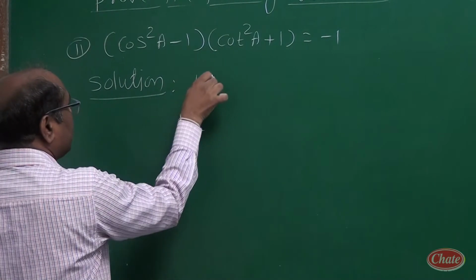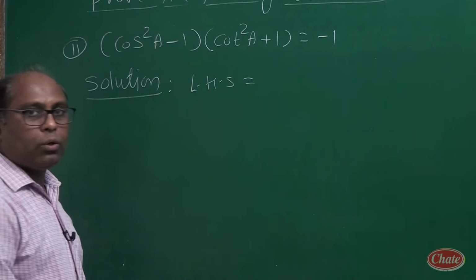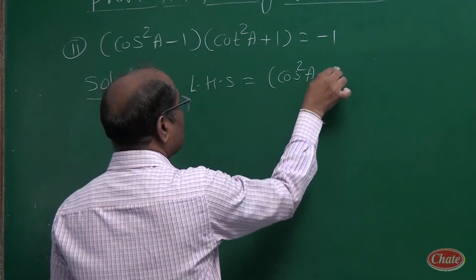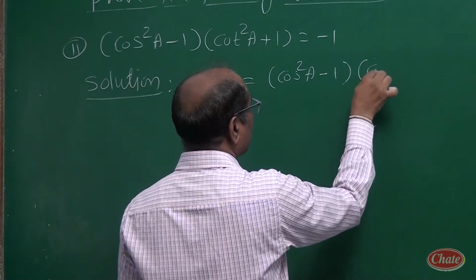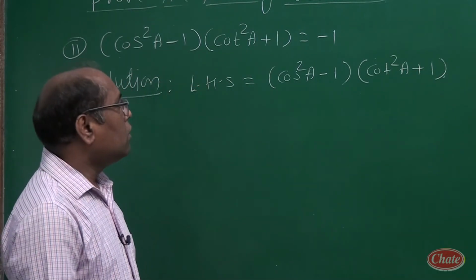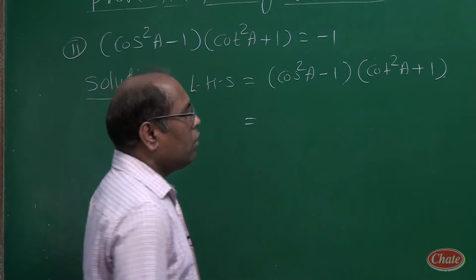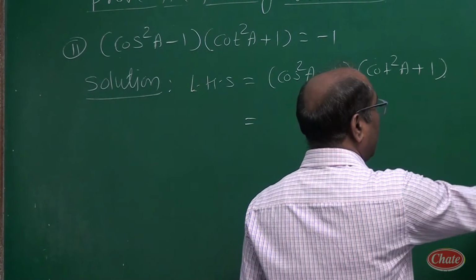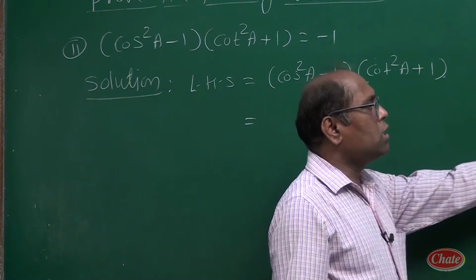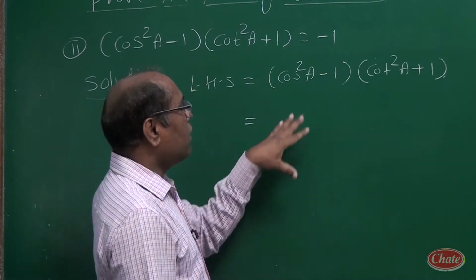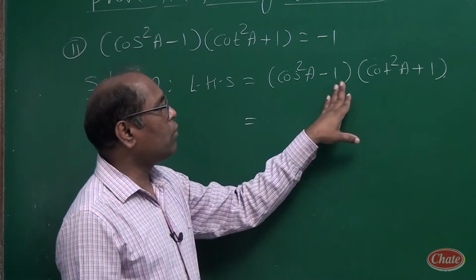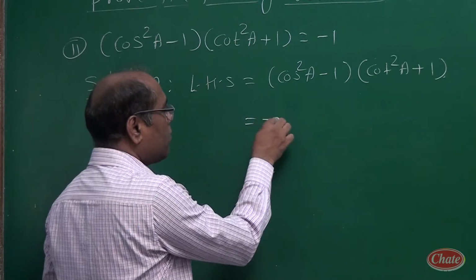So take the left hand side. The left hand side is (cos² A − 1)(cot² A + 1). Now here we know that 1 − cos² A is equal to sin² A. So for that we have to take the minus sign common from the first bracket.